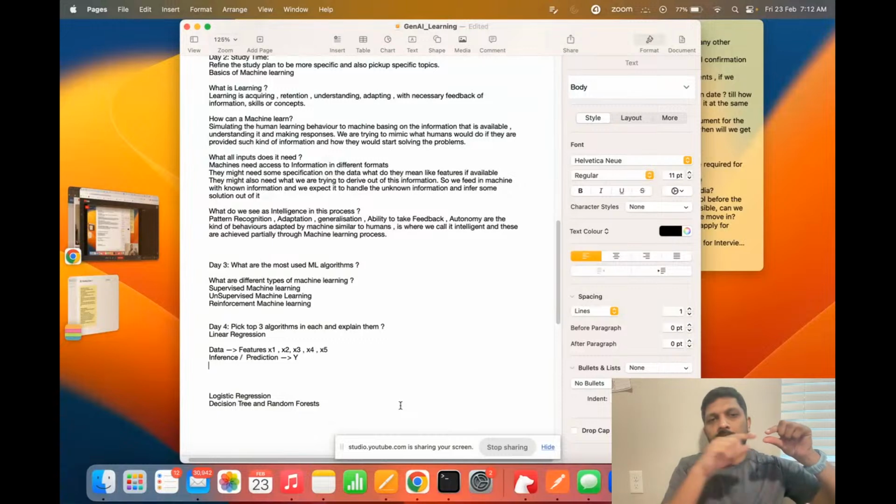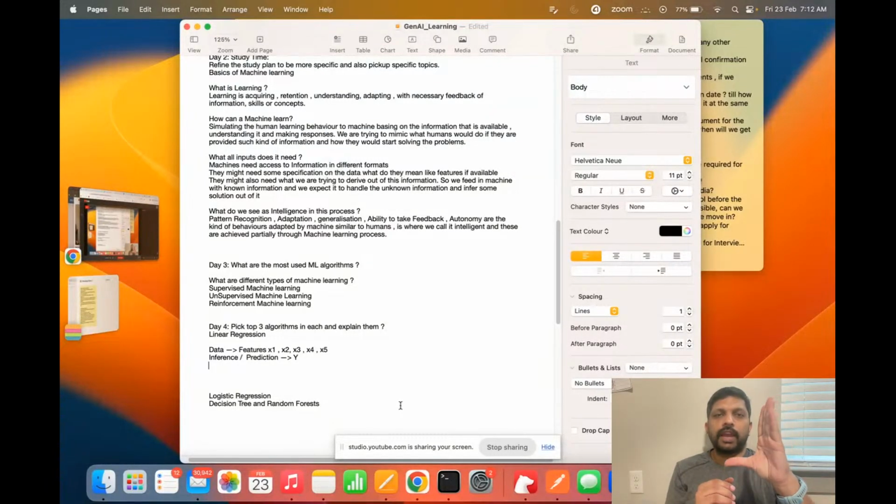If you take axes like this and put all the x points, linear regression is nothing but an equation which helps in drawing a line. I'm not saying a straight line, it could be a curved line or whatever. And that equation is our algorithm.